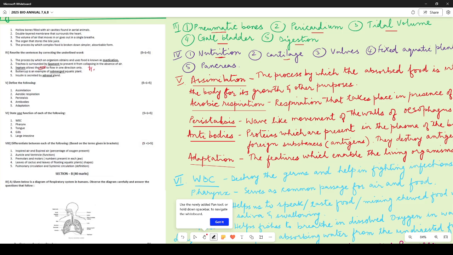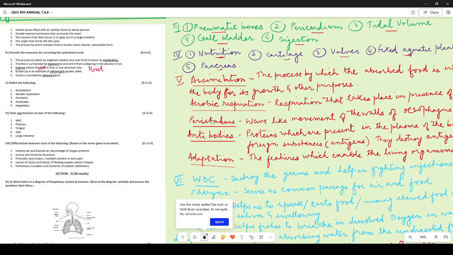So septum allows the blood to flow in one direction, right? So it will actually be valves. So valves let the blood flow in one direction. Buttercup is an example of a submerged aquatic plant. No, it is a fixed aquatic plant. Insulin is secreted by not adrenal glands but pancreas, right?